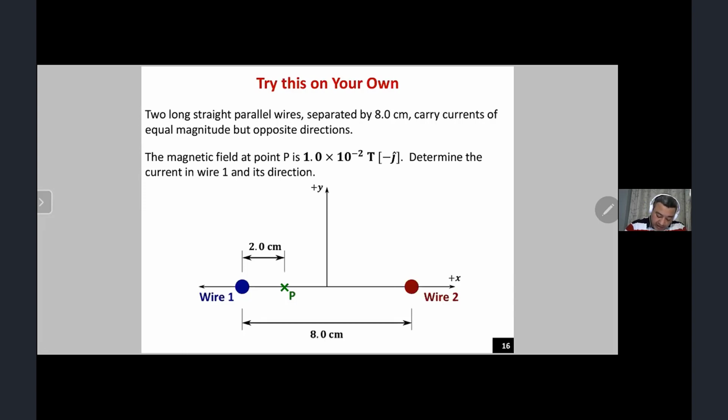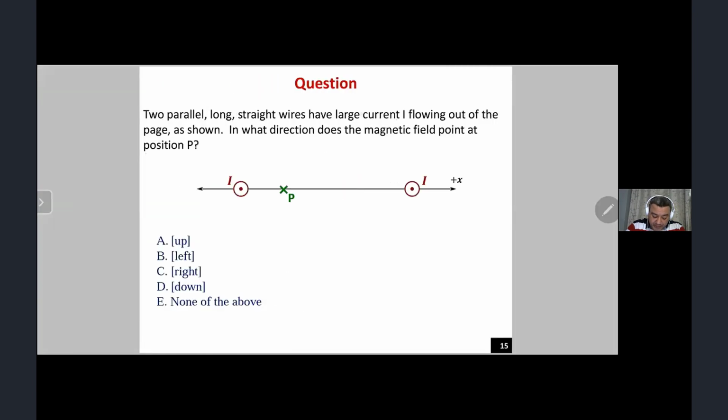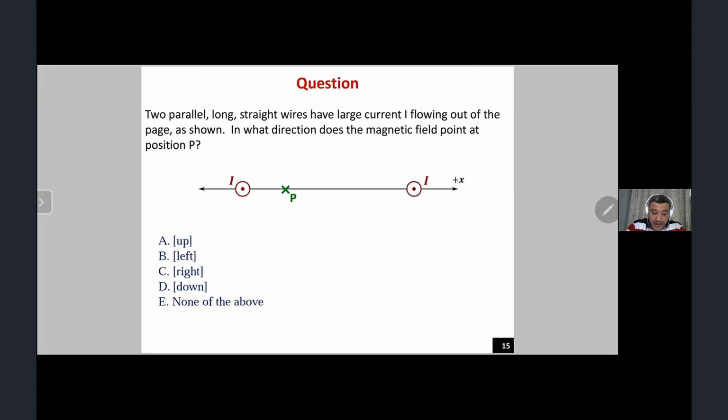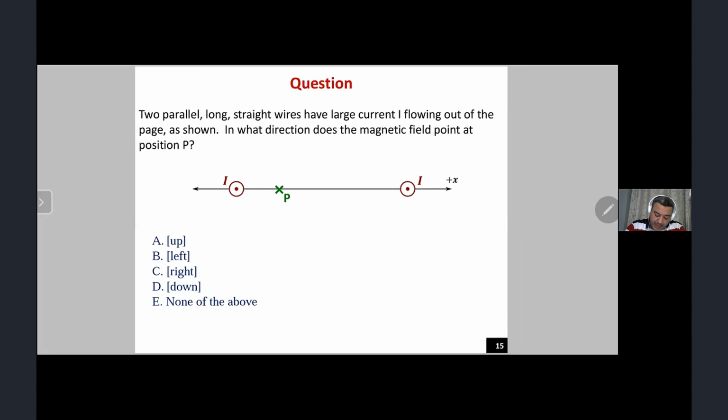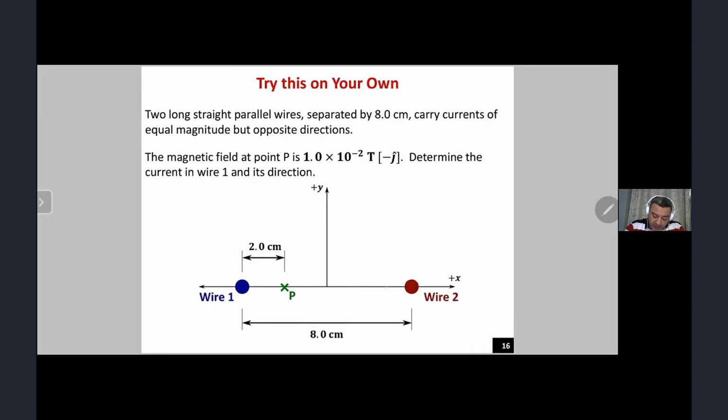The distance between those two wires is 8 centimeters, and we have a net magnetic field that is pointing downward with a value of 1 × 10⁻² Tesla.